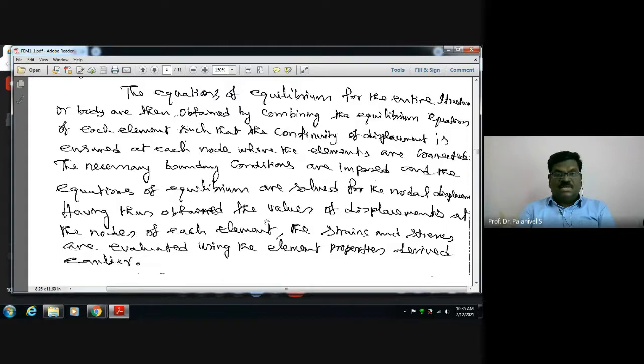At that time, many solution techniques were developed for determining the solution of this equilibrium equation, such a big equation, a 1000 by 1000 stiffness matrix into the unknown nodal displacement vector is equal to the force vector. We cannot solve it directly even with a powerful machine like the computer, because more memory space and more speed were required.